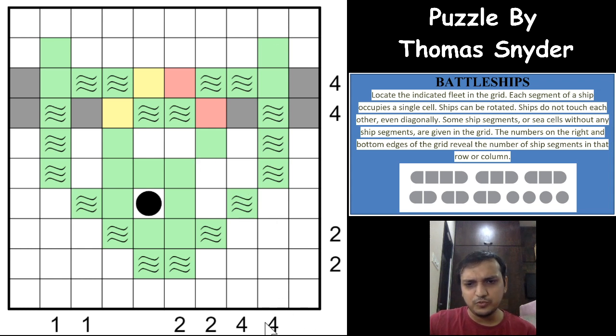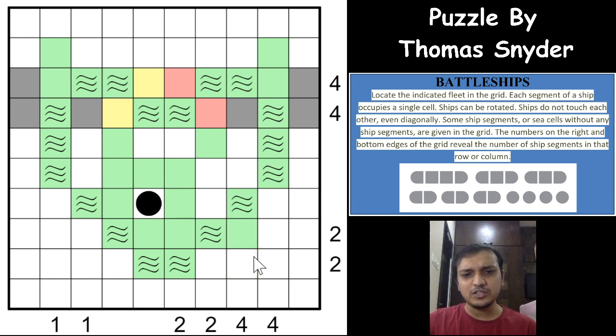Okay, if you see this 4 now, there are exactly 5 cells remaining, and out of these 5 cells, 4 cells have to be part of a ship segment, right? Excellent, superb logic here. This and this cannot, these two cannot be ship segments. Even this cannot be a ship segment, because that will eliminate both of these diagonal cells from being part of a ship segment, which will get you only 3 cells remaining for the 4, right?